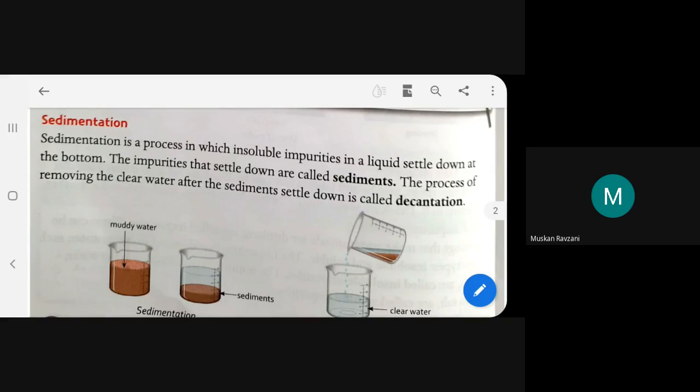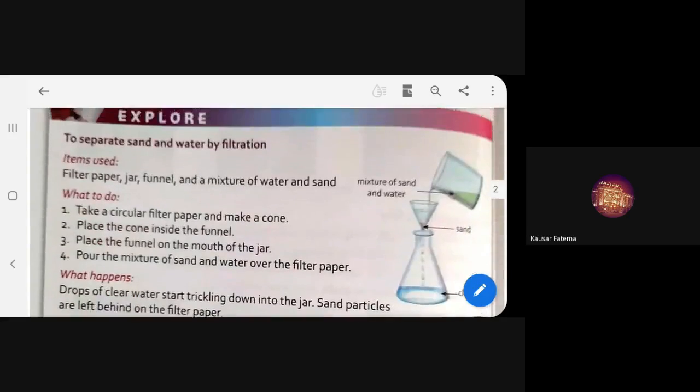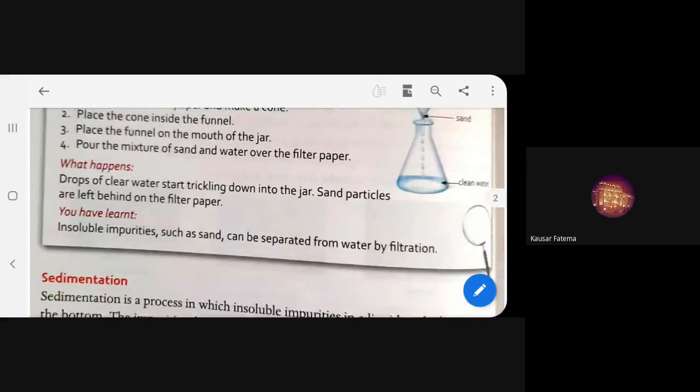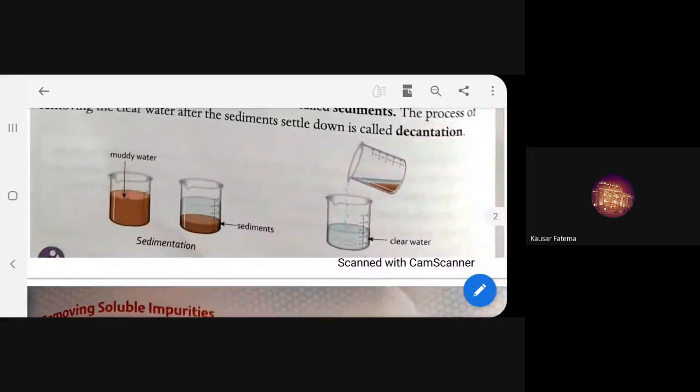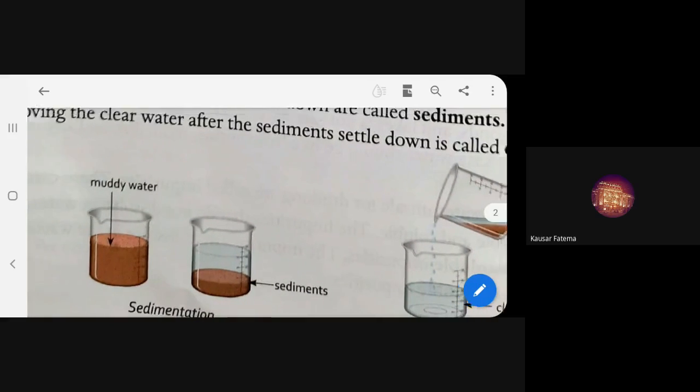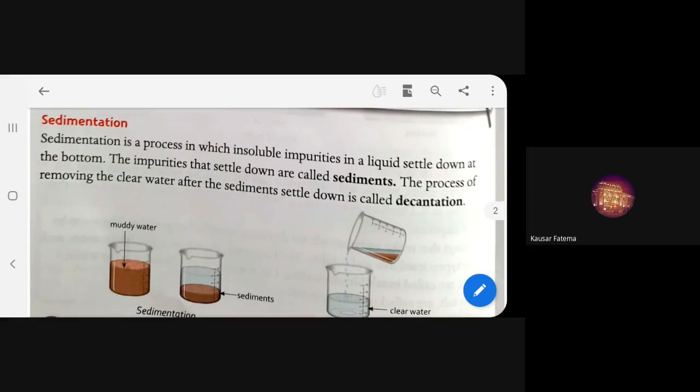We are not able to dissolve sand and mud inside the water, so those are known as insoluble impurities. Just as we learned in filtration that insoluble impurities can be separated through the method known as filtration, here also we can remove insoluble impurities with the help of these two methods, sedimentation and decantation.